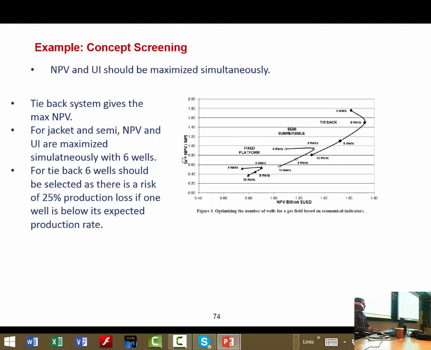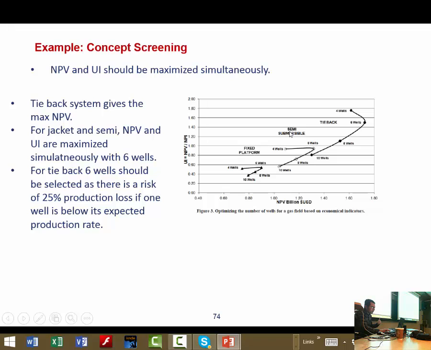Sure. So then you have this graph here, which shows utility index, net present value over net present investment, against net present value. And then the decision strategy is to select the concept that maximizes net present value and utility index simultaneously.